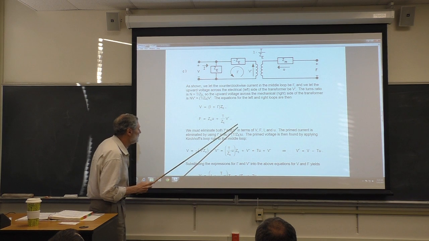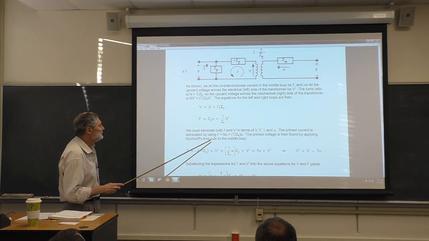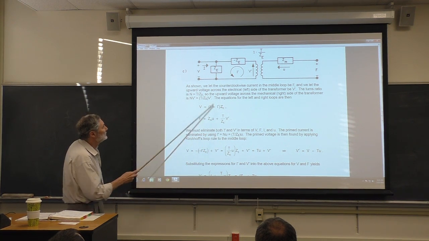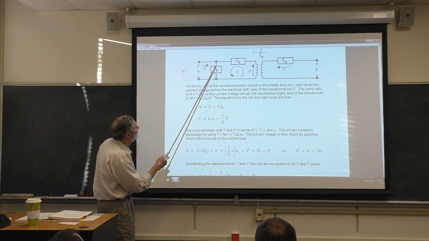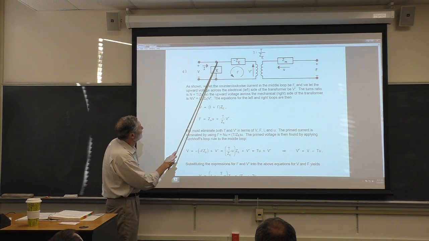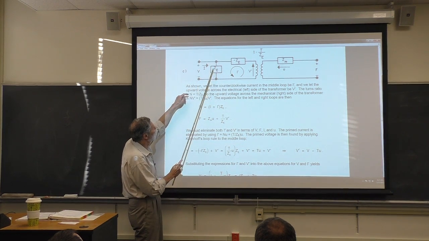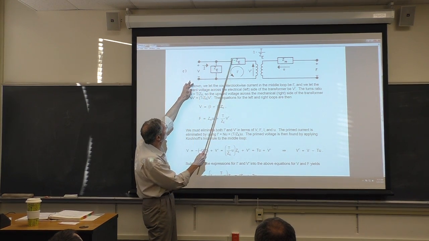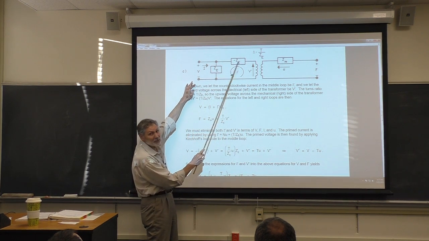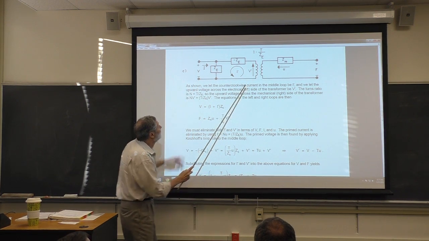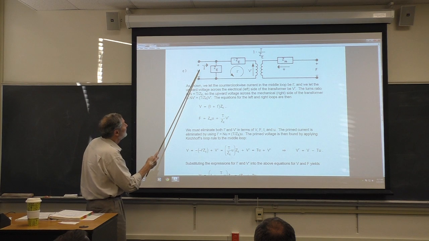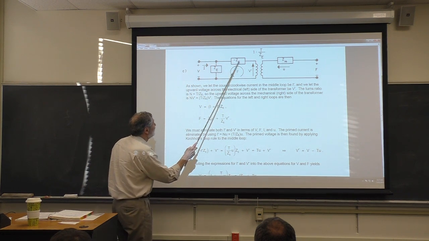We need to do the middle loop. So we apply Kirchhoff's law to the middle loop. Now we don't have to deal with this because the voltage across here is just given by that, so you can forget this. You can actually take this to be the loop. It's simpler. So what I see here is, this must be the voltage drop across here.